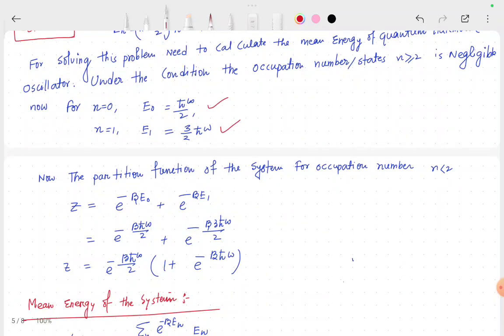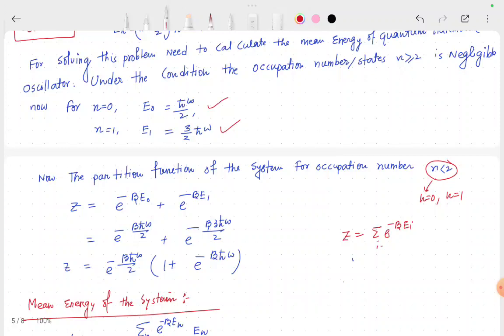Now the partition function of the system for occupation number n less than 2. N less than 2 means n equals 0 and n equals 1. So we know the partition function. The exact formula of the partition function is the summation over i of e to the power minus beta Ei, right? This is the exact partition function.